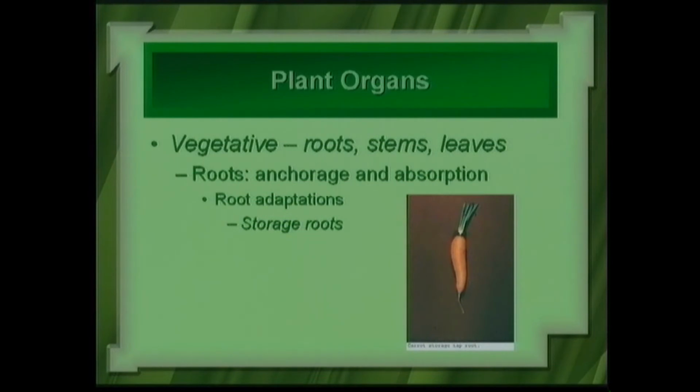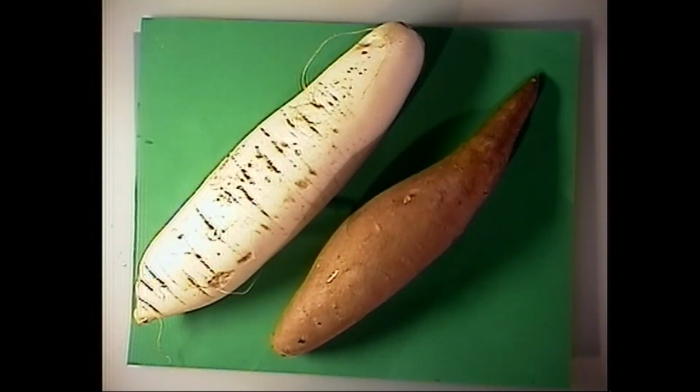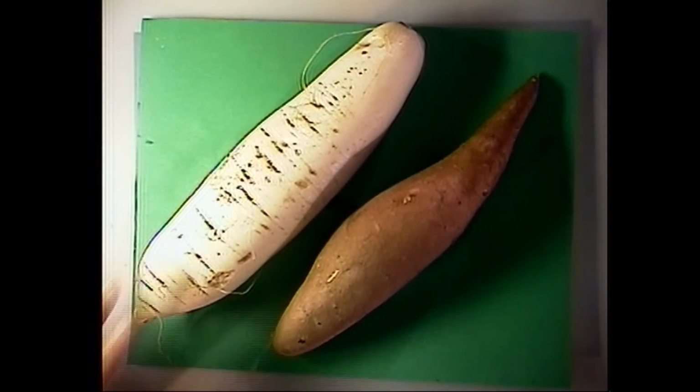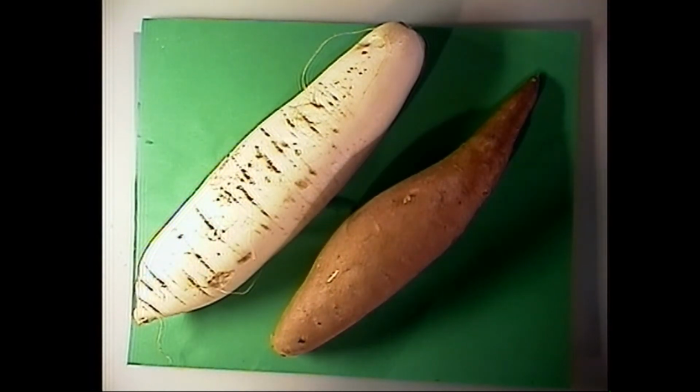Now another adaptation that roots have made is storage roots, such as we have that little illustration of a carrot, very nice illustration of a carrot, and we also have other kinds of storage roots as well. Okay, so here we have a couple of storage roots. The one on the left, this kind of whitish colored one, is a Japanese or Chinese radish.